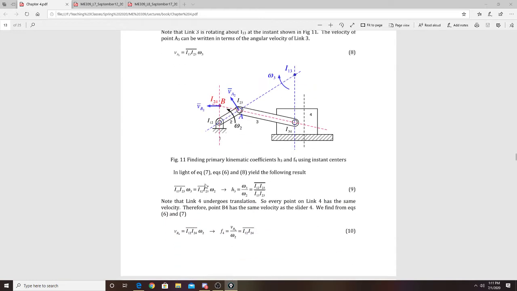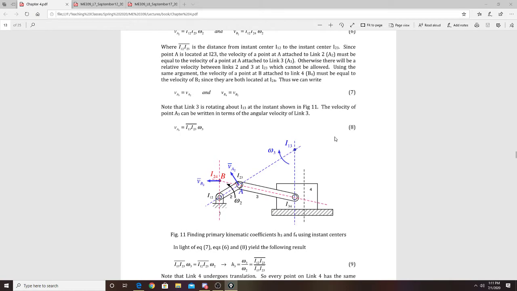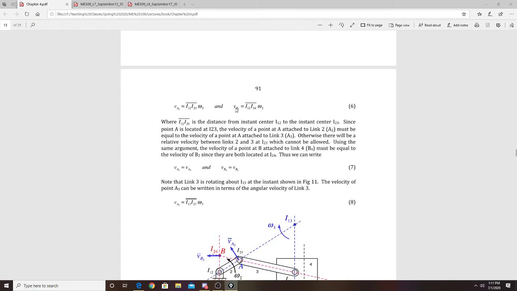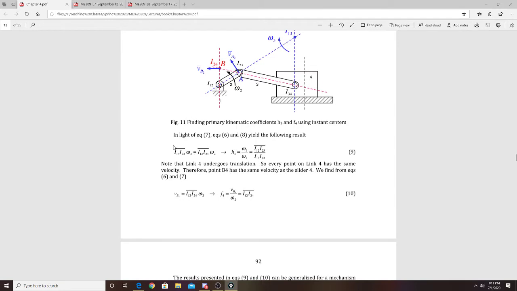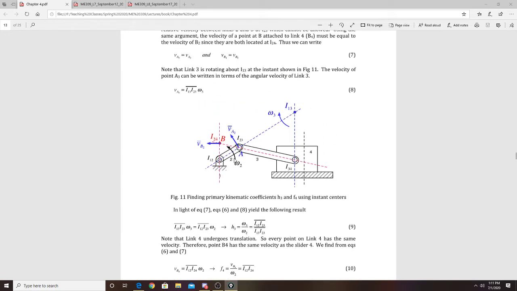And then it says, in light of equations 7, 6 and 8, yield the following result, where 8 is this one, 6 is this one. You get I13 I23 omega 3 is equal to I12 I23 omega 2, which is because we did these equations up here.